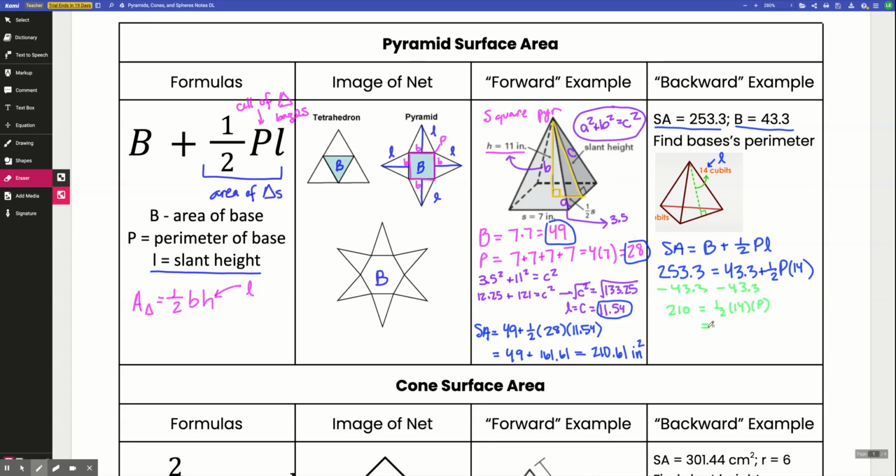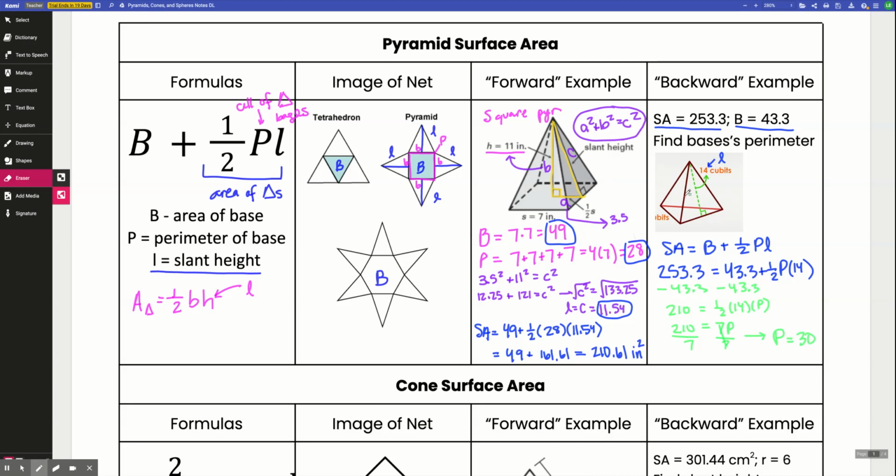Okay, and I'm going to help myself out and say, well, 1/2 of 14 is 7. So I end up with 210 equals 7 times the perimeter. I'm going to divide both sides by 7. So I get that the perimeter is 30.